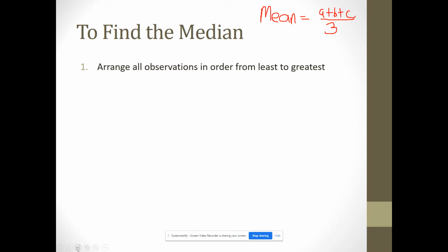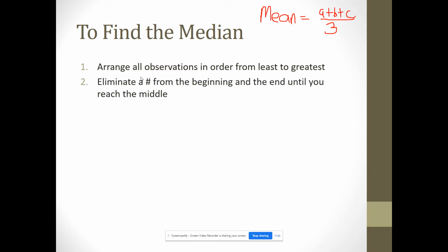Okay, so let's see. What do we have next? To find the median, arrange all the observations in order from least to greatest. That's an important thing. You have to make all of your data points go from smallest to biggest. Eliminate a number from the beginning and a number from the end until you reach a middle. For example, in that data set 5, 8, 1, they're not in order.